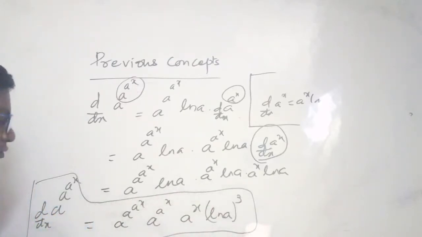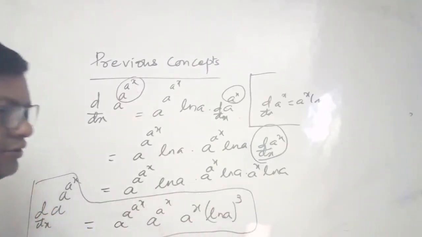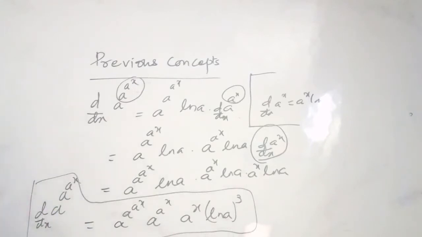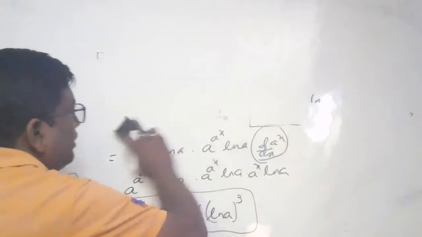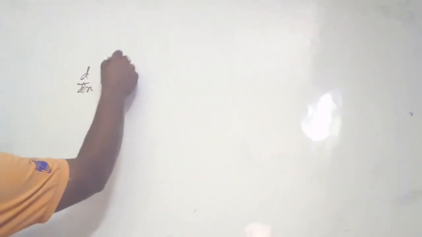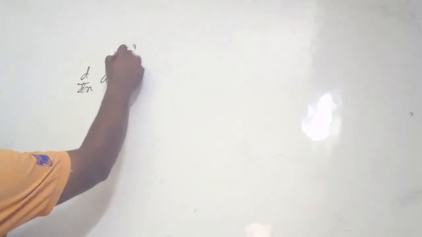One more question. So similarly we can write d by dx of, suppose there are 4 a's, d by dx of a to the power a to the power a to the power a to the x. Clear?